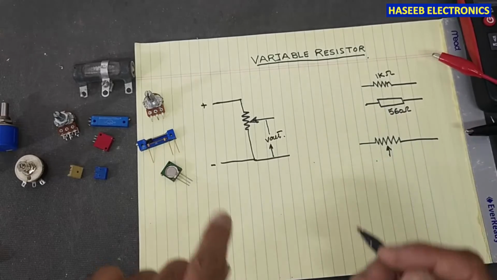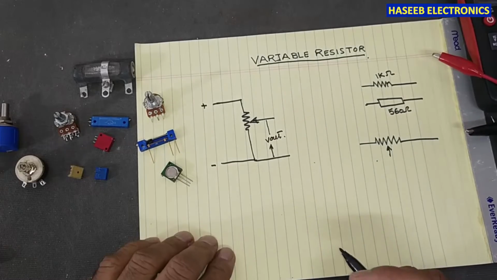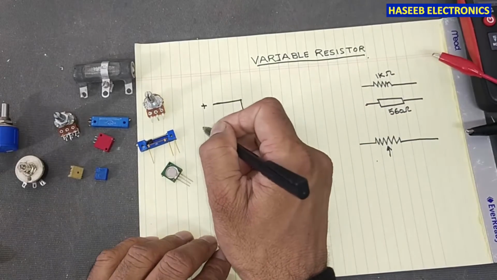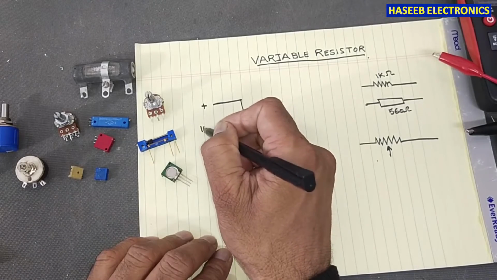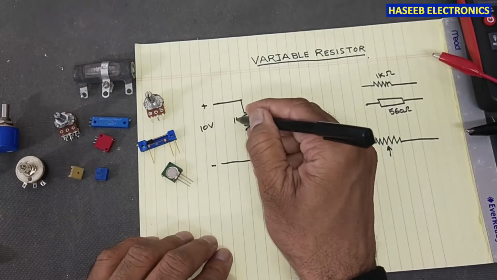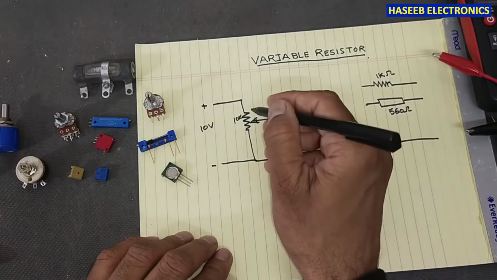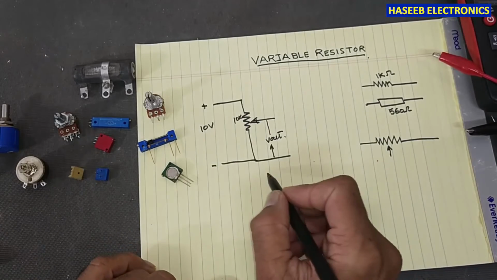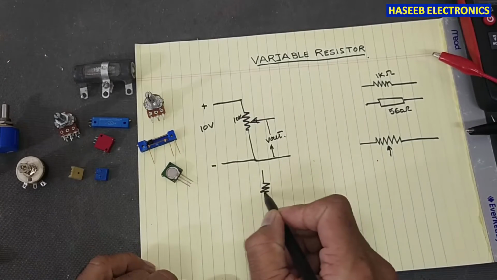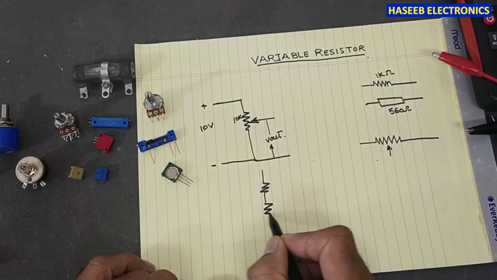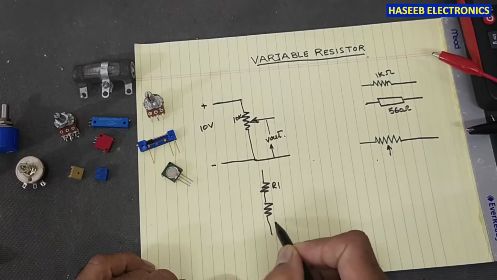So it is a voltage divider. We apply some voltage, say I apply 10 volt, and it is a 10 kilo ohm potentiometer. We will consider this circuit as a voltage divider, R1, R2.